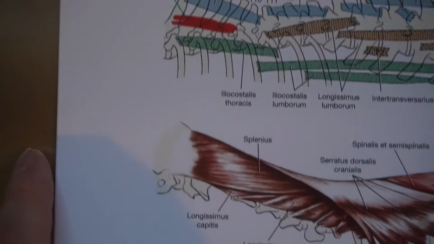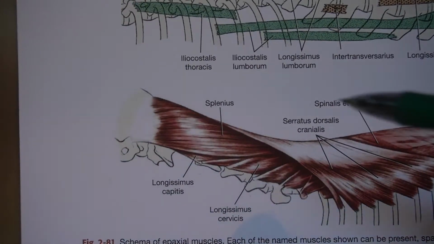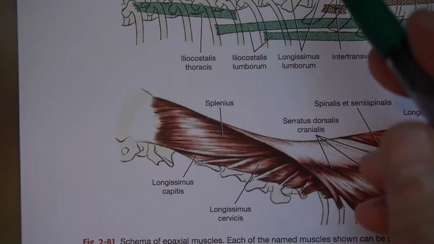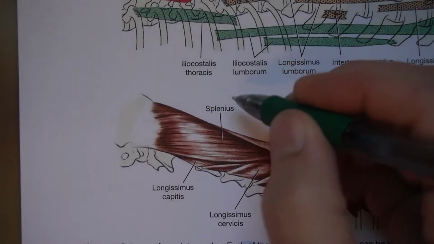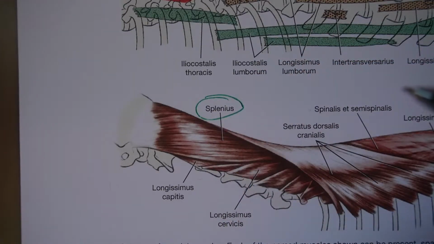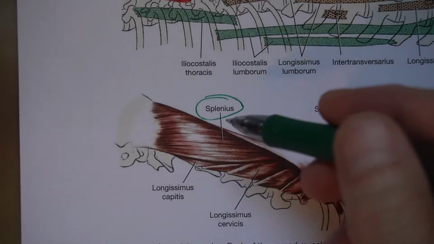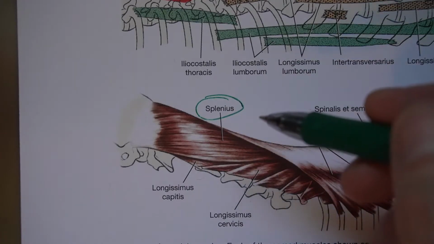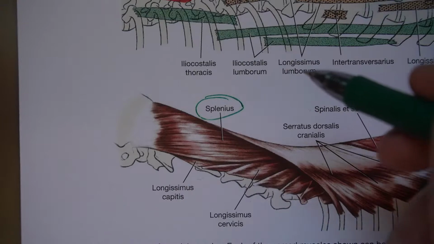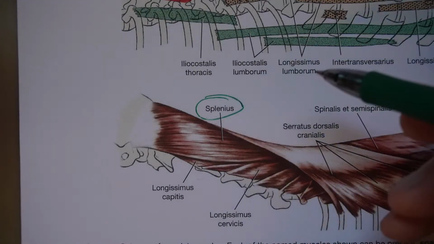Now when you get up to the cervical region, the transversus spinalis system is going to have named parts to it. And the splenius is the one that is going to be most superficial. And we're just going to name them by their names. We're not worried about what part is going to the cervical region and what part is going up to the head. It's just the splenius.